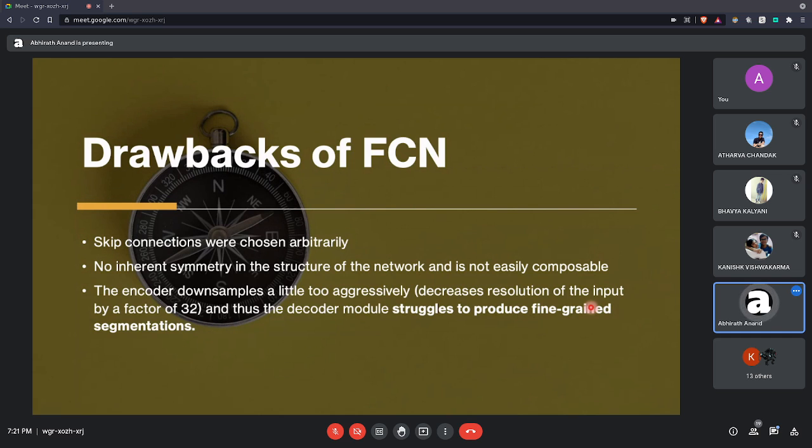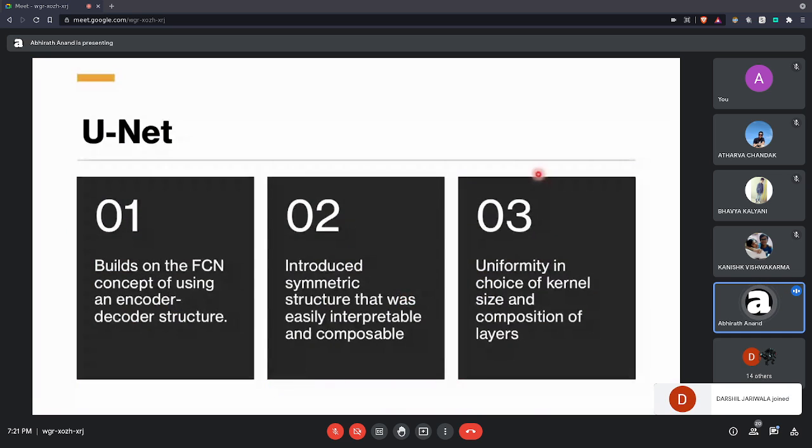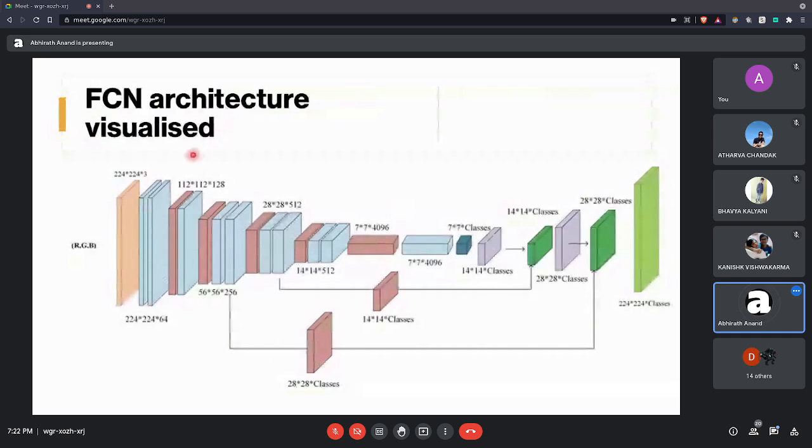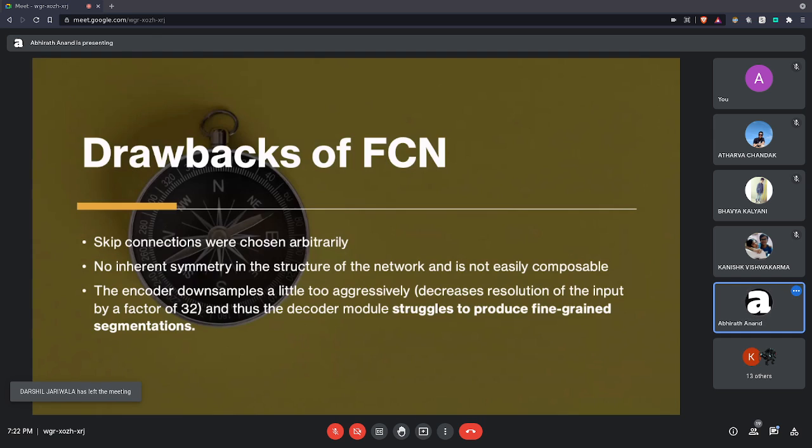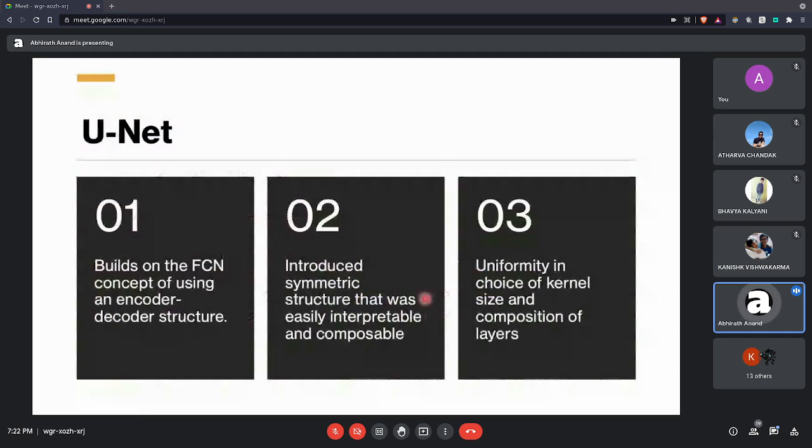So now we move on to U-Net, which is going to be the focus of this talk. U-Net builds on FCN in terms of the encoder decoder structure. So we saw over here that there was a clear split. This encoder decoder structure overall is still maintained in U-Net, but of course there's a lot of changes in the way that these are implemented. It introduced a symmetric structure, as we'll see in the next slide.